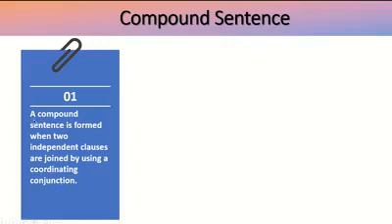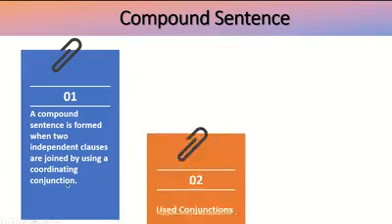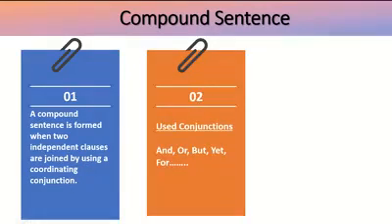I repeat, a compound sentence is formed when two independent clauses are joined by using a coordinating conjunction. Here, used conjunctions are and, or, but, yet, for, etc.